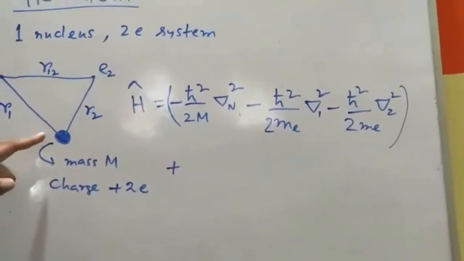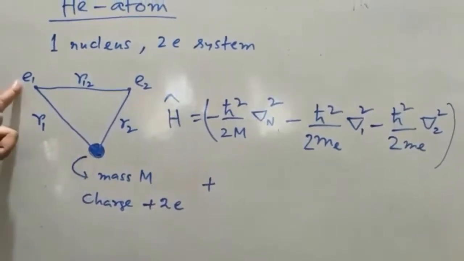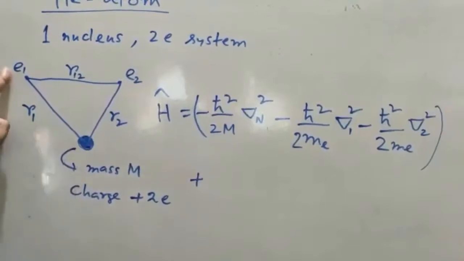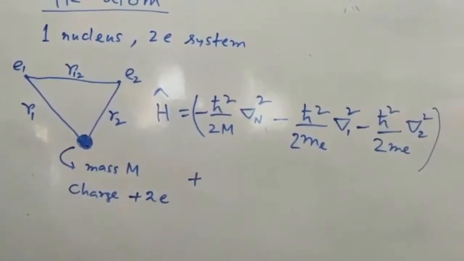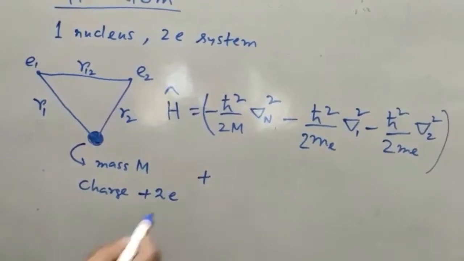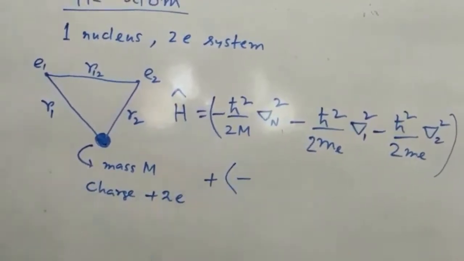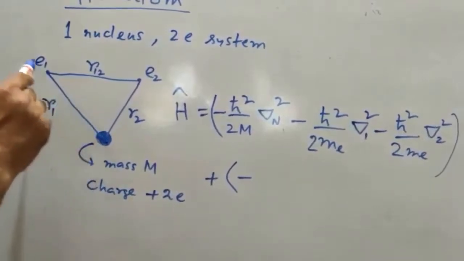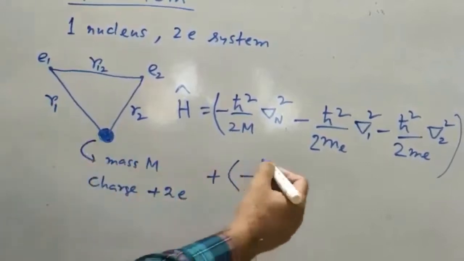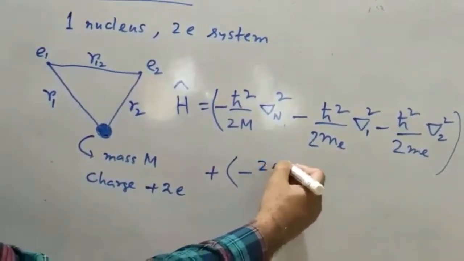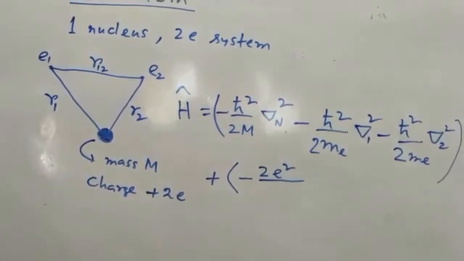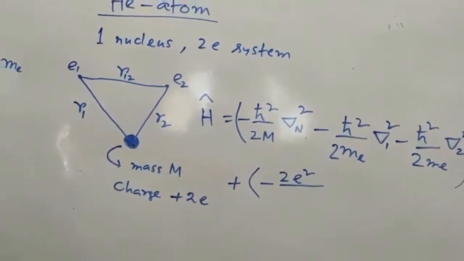There is a nucleus-electron attractive Coulomb potential. This is attractive, and we know that the attractive Coulomb potential is written with a minus sign. So it is minus the electron charge times the nuclear charge. It involves minus 2e square, where 2 is the nuclear charge and e is the electronic charge.